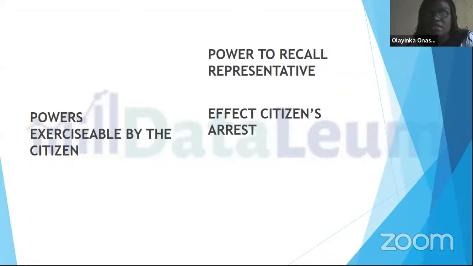There's a process that you start by filing some papers at the INEC office, and you recall him.